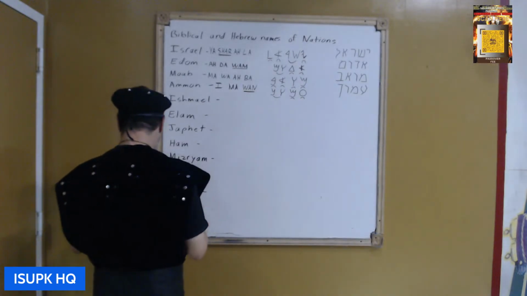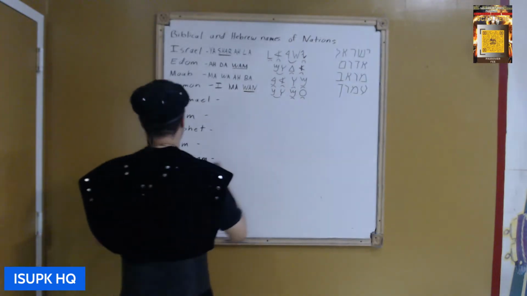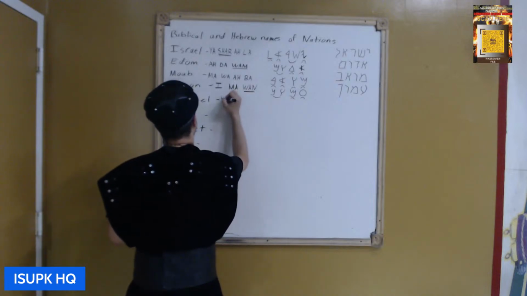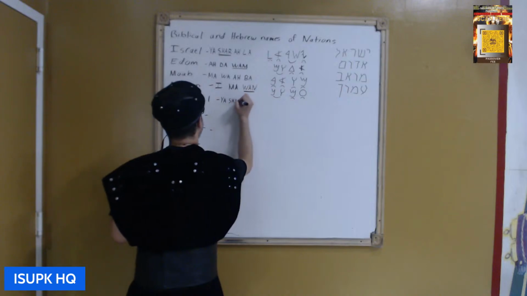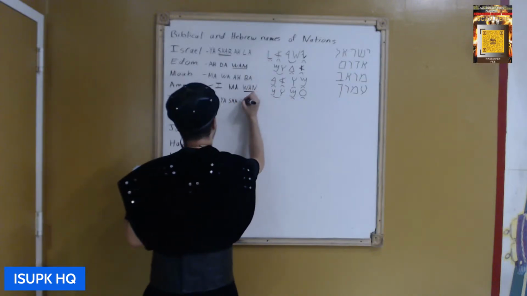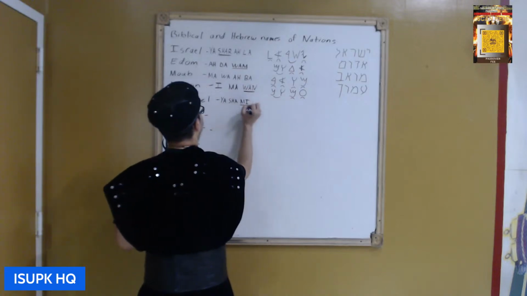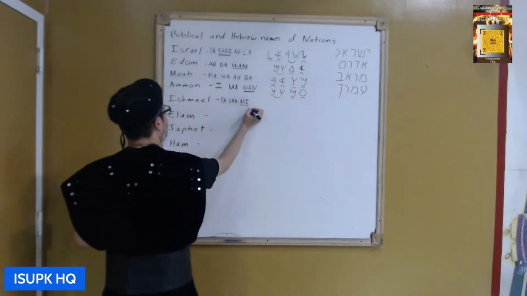Now we have Ishmael. So this is Ya, Sha, My, and My is connected. You have a Ma and an I is connected.